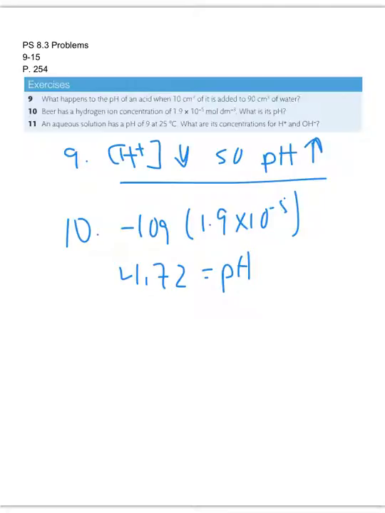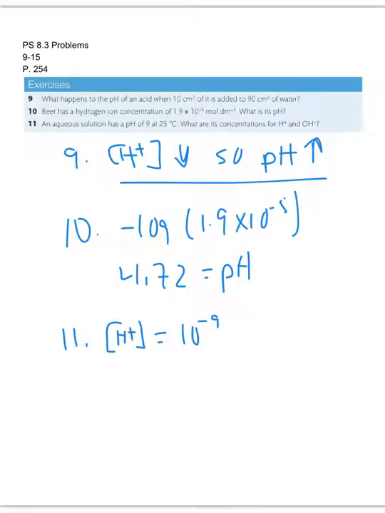And number 11, an aqueous solution has a pH of 9 at 25 degrees. What are its concentrations for H plus and OH minus? So since the pH is 9, I can assume that the concentration of H plus is 10 to the minus ninth.